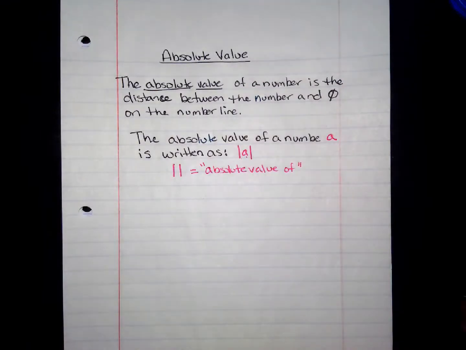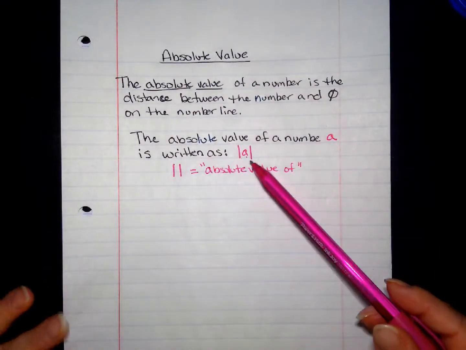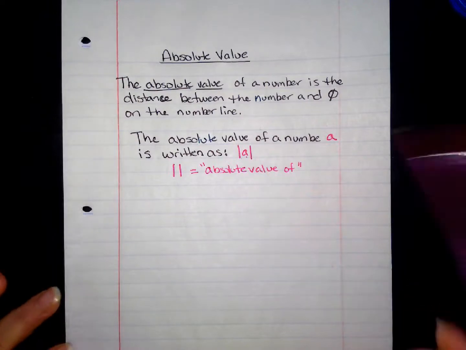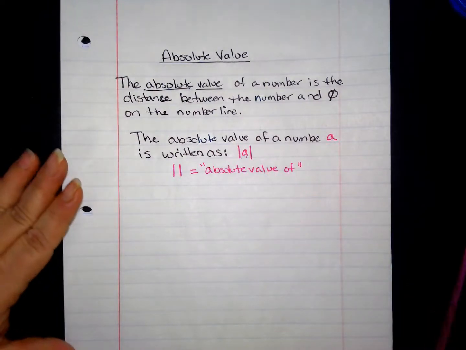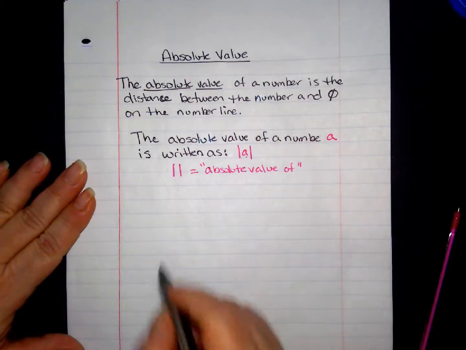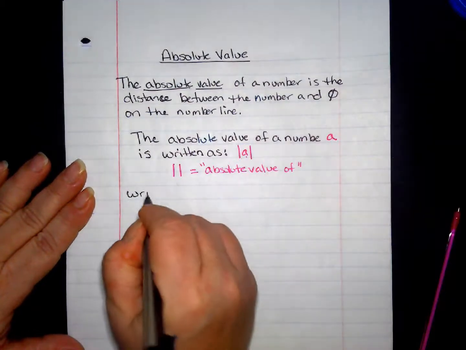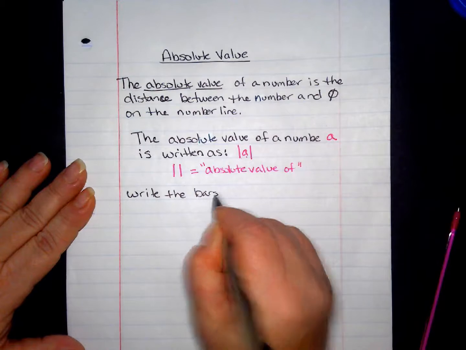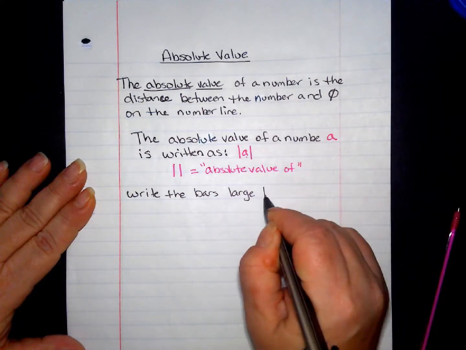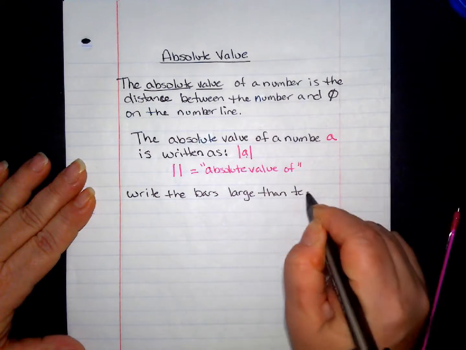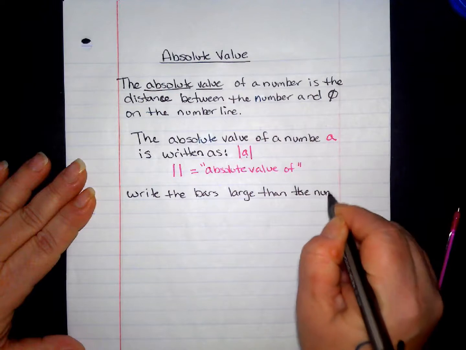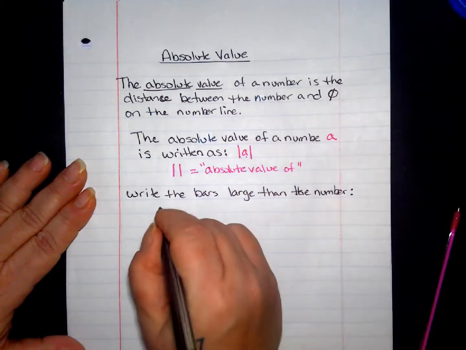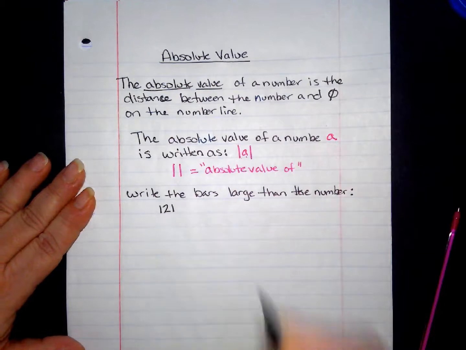When you're writing it, it's going to be very important that you remember to not write it the same size as your numbers. You have to write it bigger, longer than your numbers. For instance, if I write the bars larger than the numbers, versus if I write it like this, bar to bar, what does that look like?